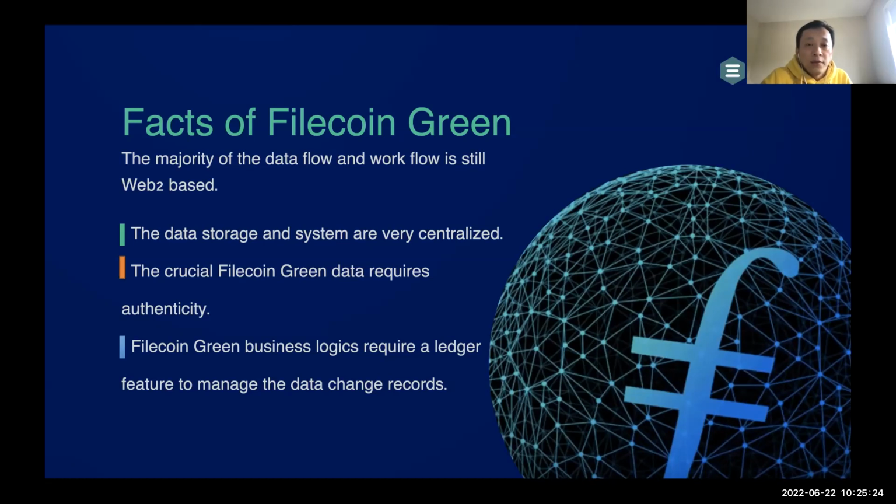Currently in Filecoin Green, the idea is great, but the data storage and the system are very centralized, and the crucial Filecoin Green data requires authenticity. The last thing is the Filecoin Green business logic. It requires a ledger feature to manage the data change records. So I will show you why we are talking about it here.